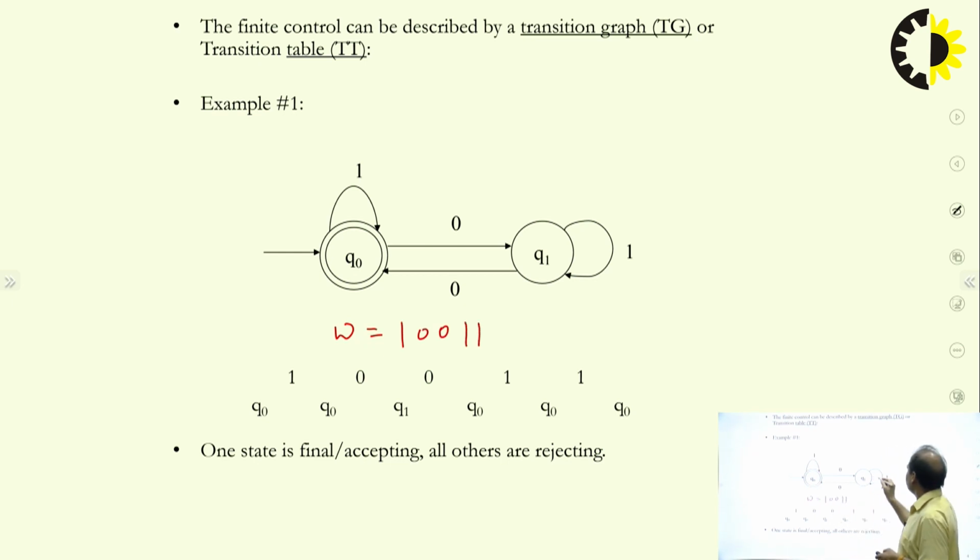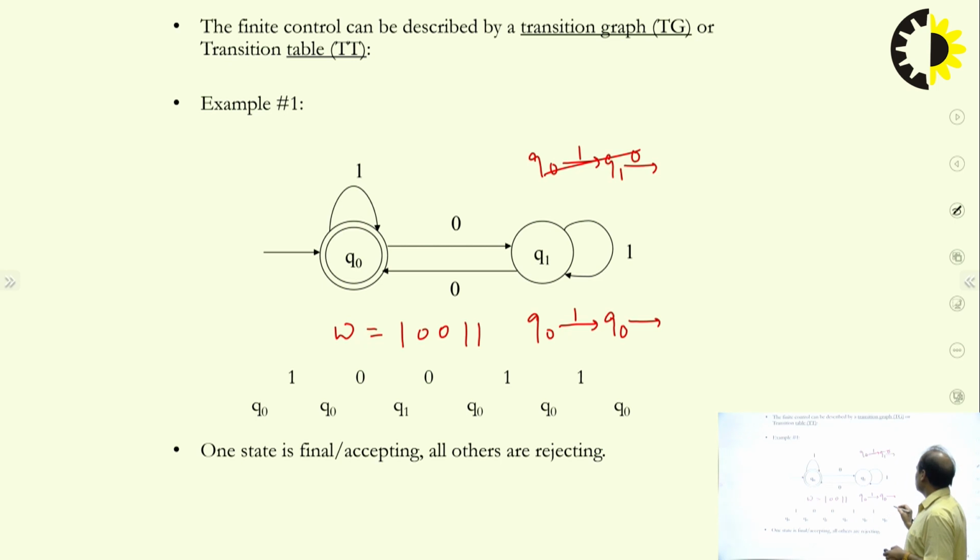We are at Q0, it takes 1, we are still at Q0. Then Q0 on 0 goes to Q1, then Q1 on 0 goes to Q0.